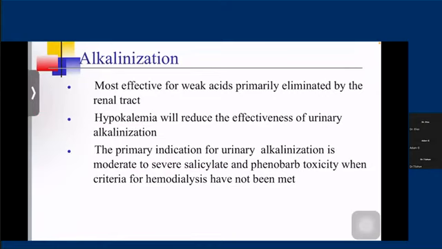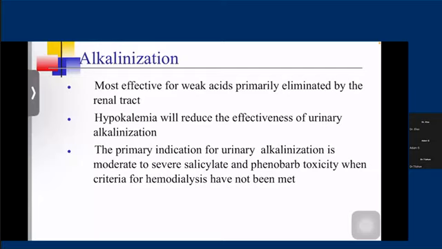So alkalinization is most effective for weak acids primarily eliminated by the renal tract. For a patient who took a weak acid, we can alkalinize, and the alkali ionizes the weak acid and prevents reabsorption from renal tubular cells. This is one of the management options.